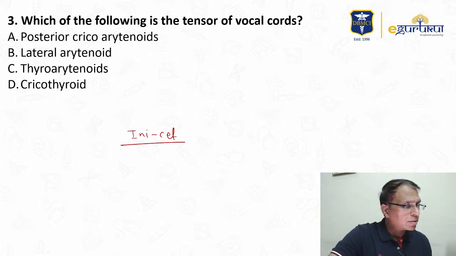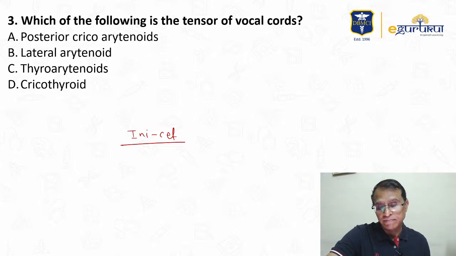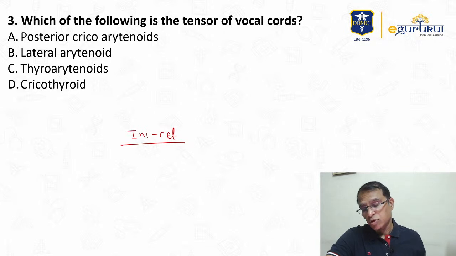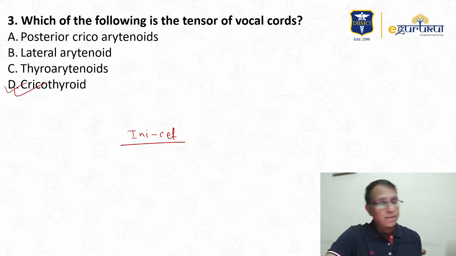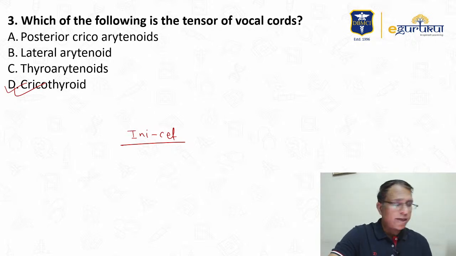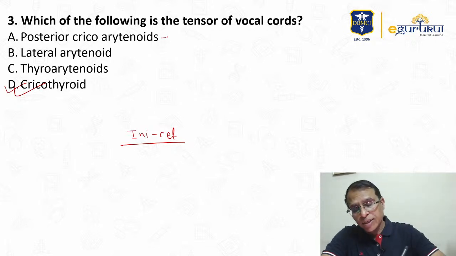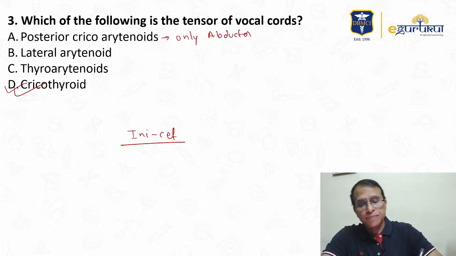Avinash, which is the main tensor? This should have been asked, isn't it? So obviously cricothyroid is the main tensor. So everybody got it right. This is the only abductor, right?